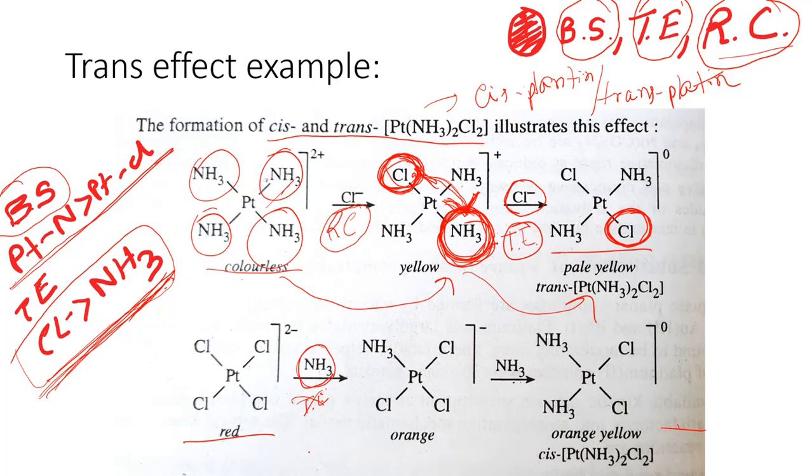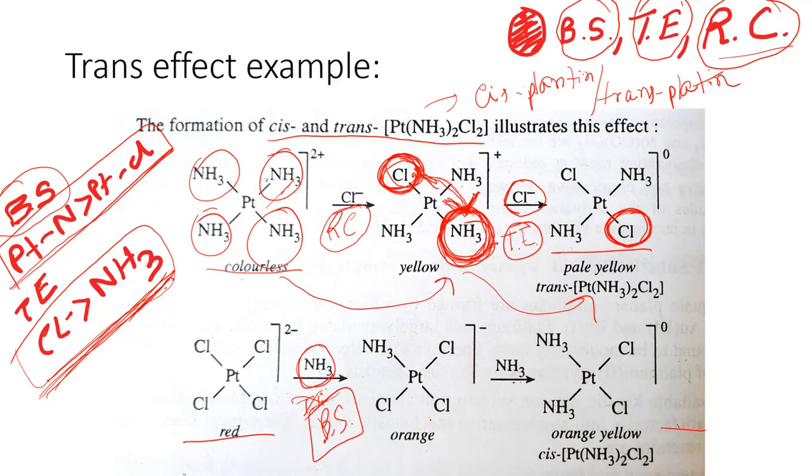We can directly say that, due to the bond strength order, the platinum-nitrogen bond is stronger than the platinum-chlorine bond. So a stronger bond is being formed and a weaker bond is broken. Therefore the bond strength is favoring this step.